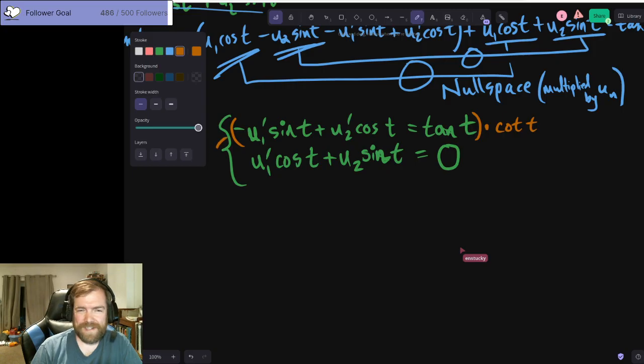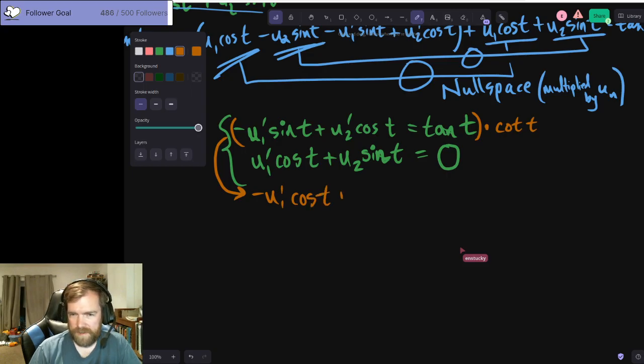Right, so that's going to bump right down there, and negative u1 prime cosine t, nice, plus something gross, u2 prime, this is going to be cosine squared t over sine of t, which, whatever, we can deal with it, equals 1.